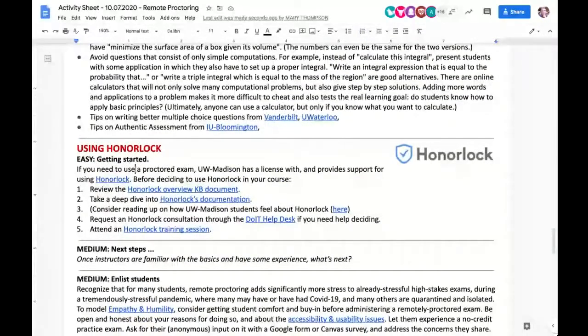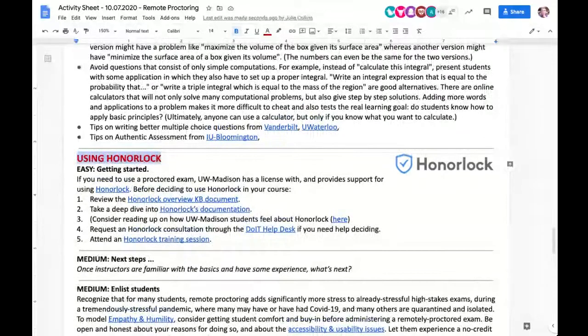And then we've got Honorlock, which is the big campus-supported tool right now. In spring, you may recall that we used Examity for a little while. We found some challenges with that and have since moved to Honorlock. I know that there are also challenges with Honorlock, and we've got folks here who can help us work on those.